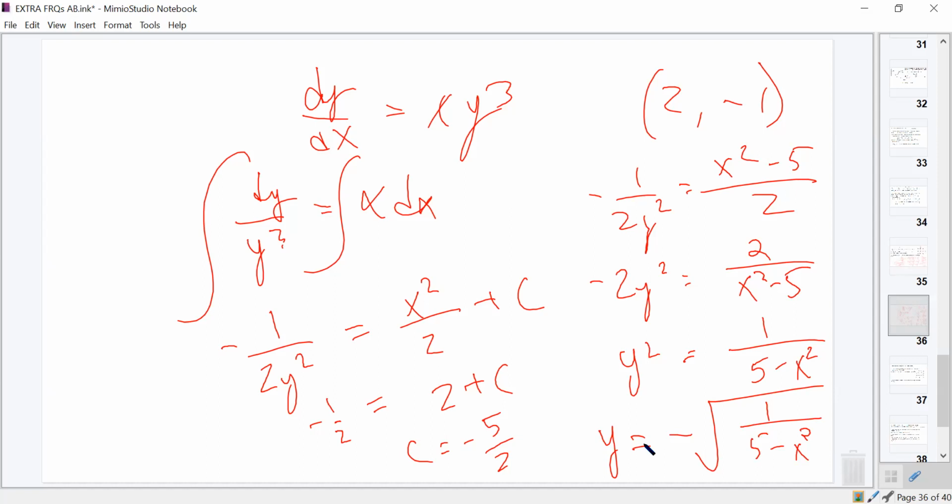Yeah. Cool. And they do not ask for the interval of validity most of the time. If they do, I mean, I haven't seen them do it since like 2002. But if they did, you just figure out when this thing in here is undefined and you pick the one interval that includes the initial condition where it's continuous. One sec.